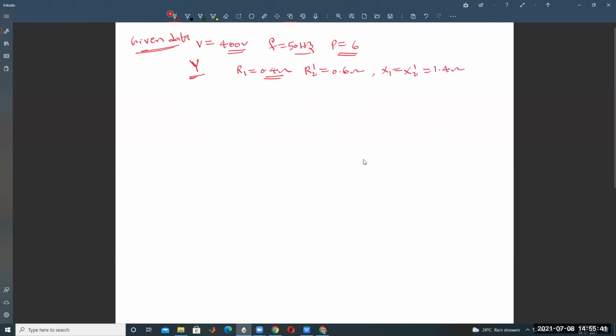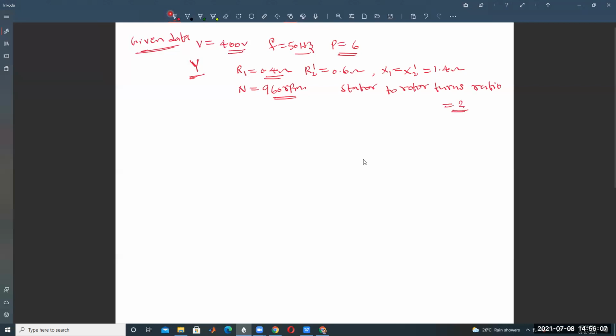And then the speed is also given, 960 RPM. And the stator to rotor turns ratio is equal to 2. So this is the given data.